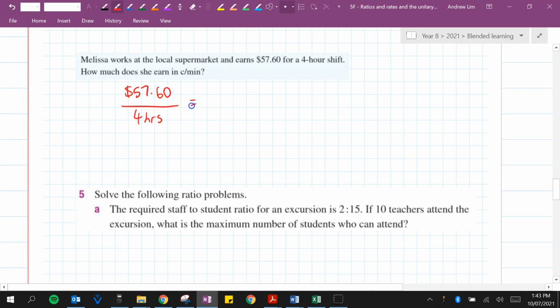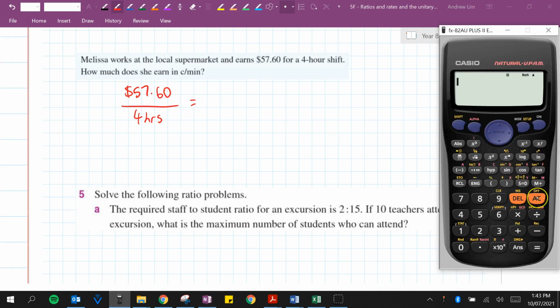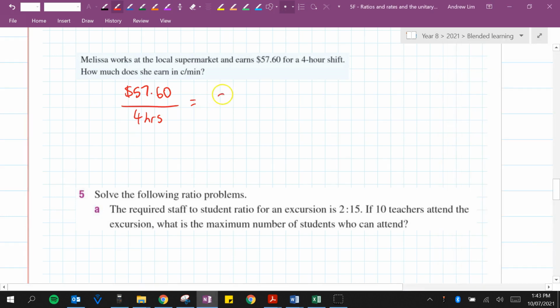Let's convert that into dollars per hour. So from our last lesson on our introduction to rates, we simplified this by doing 57.6, the top number, divided by the bottom, which is $14.40 per hour.